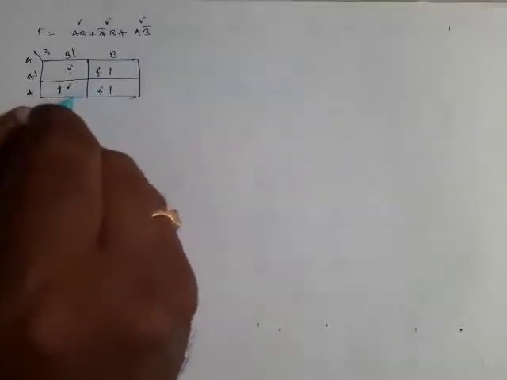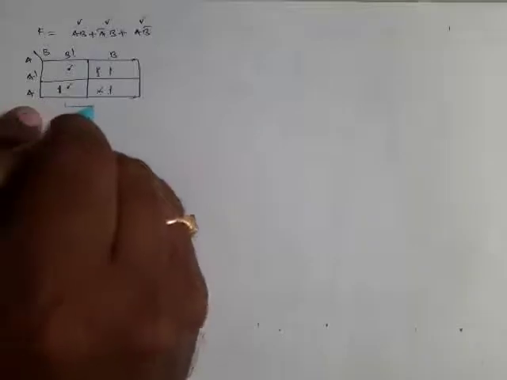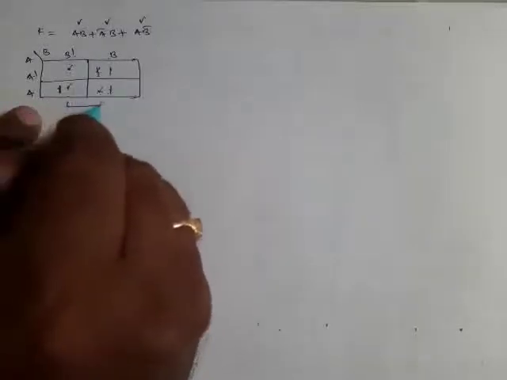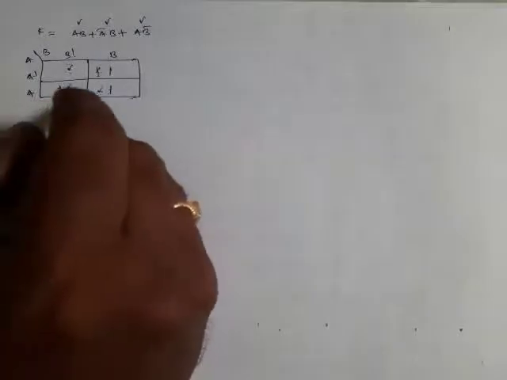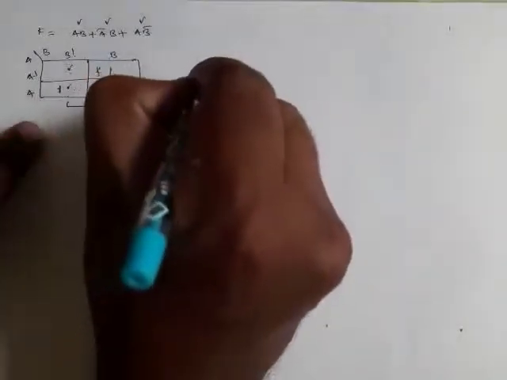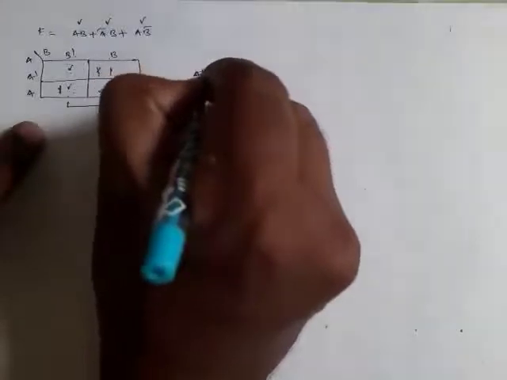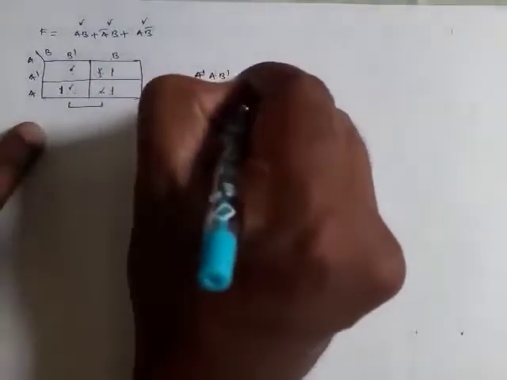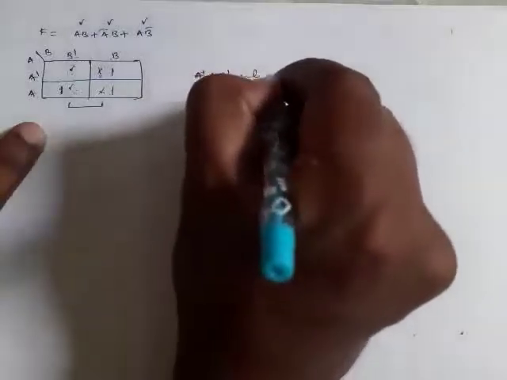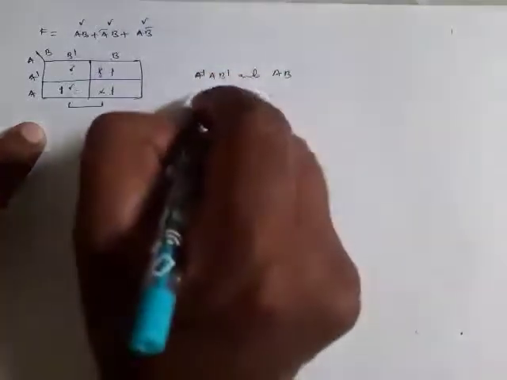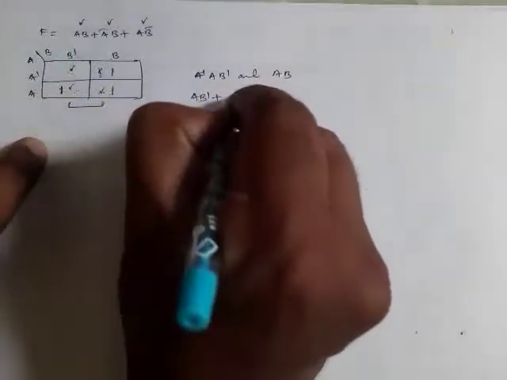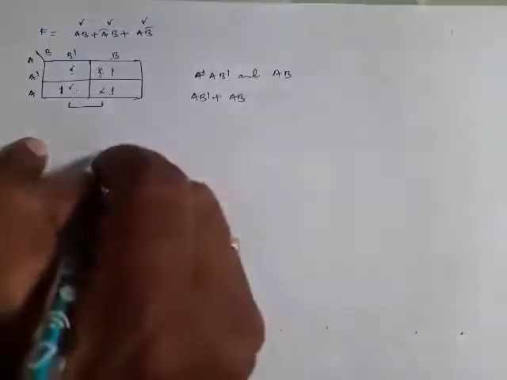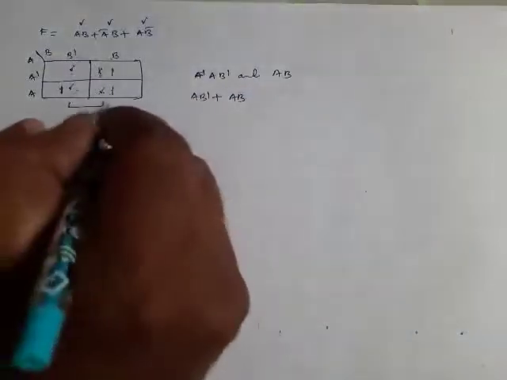So if we want to group these two cells which contain ones and which are also adjacent, you can see that it results in a product term. So what do these two cells actually represent? These two cells represent A B bar and A B, and by grouping I mean that I am logically adding the two terms.